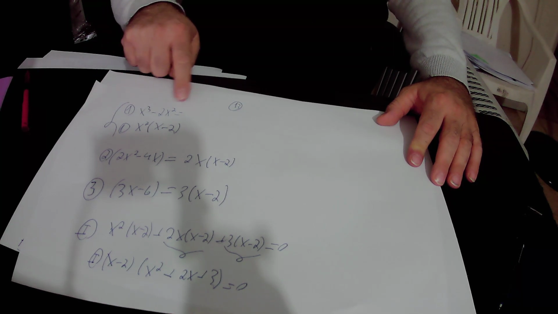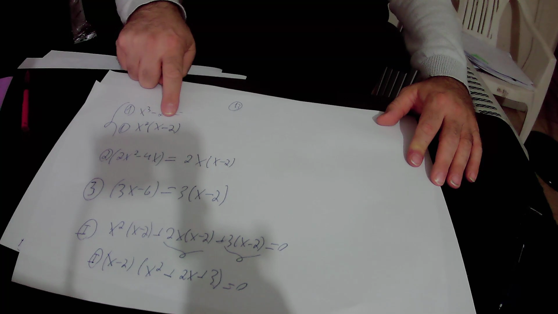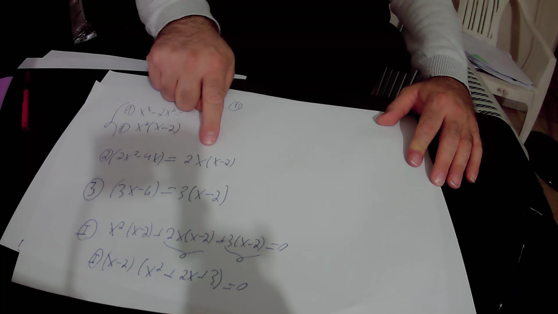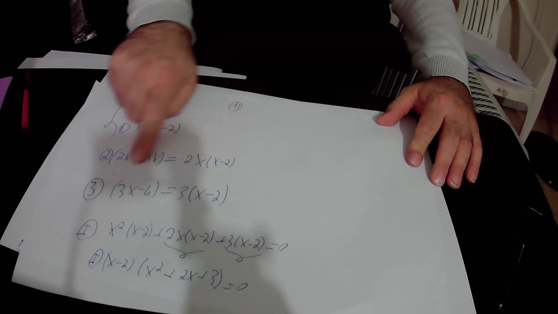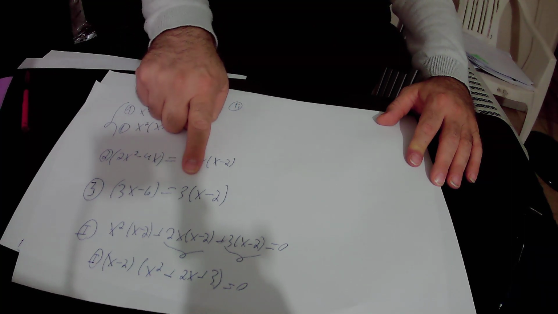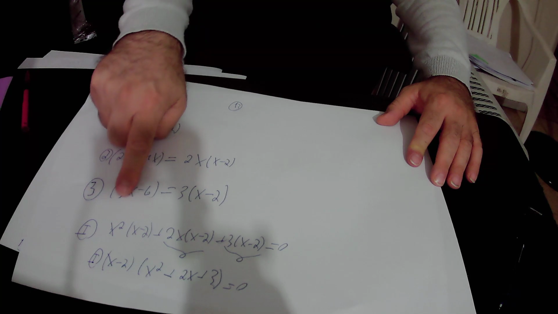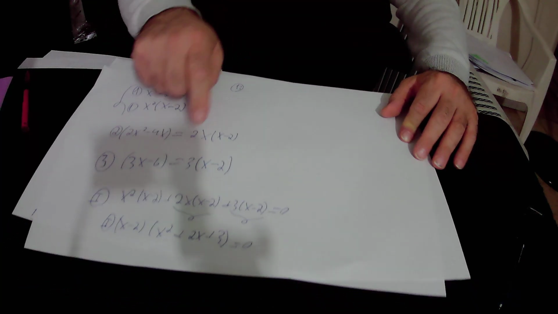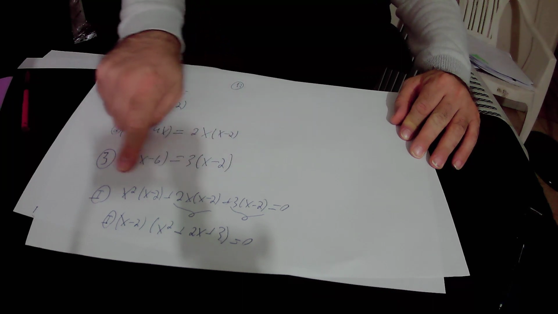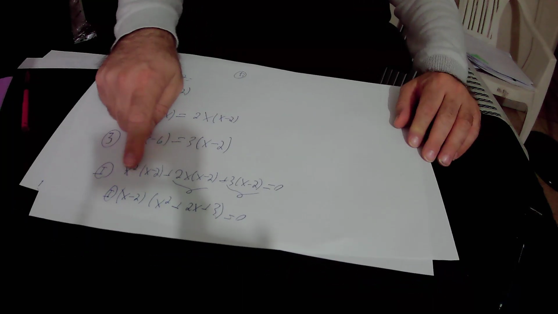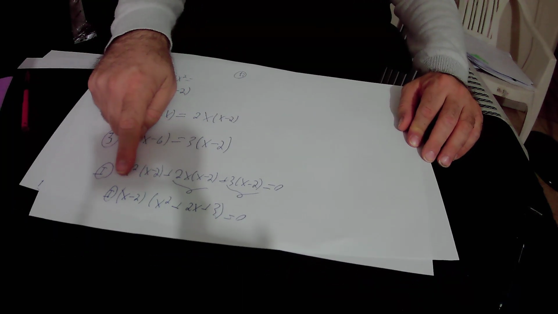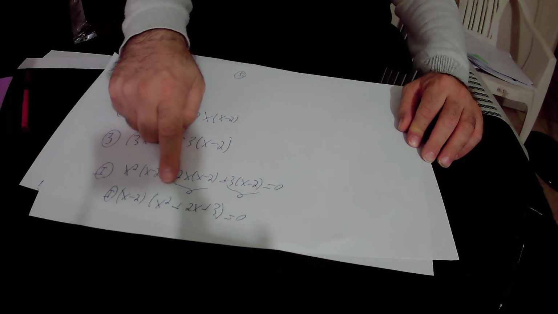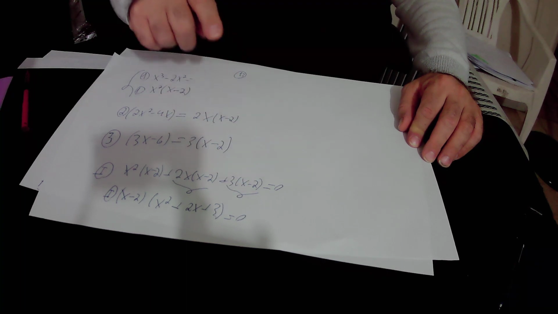We substituted this expression by x squared times x minus 2, we substituted this expression by 2x times x minus 2, and we substituted 3x minus 6 by 3 times x minus 2, and we got this expression. Then we took a common factor of x minus 2 from this expression, and finally we got this expression that states that x minus 2 times x squared plus 2x plus 3 equals 0.